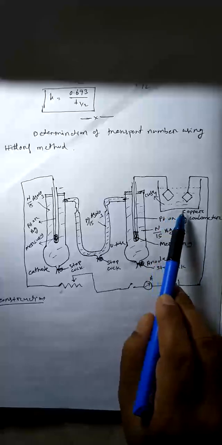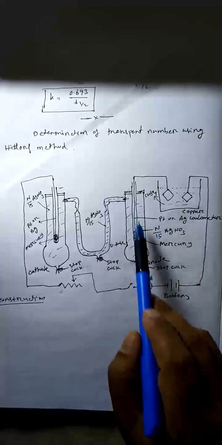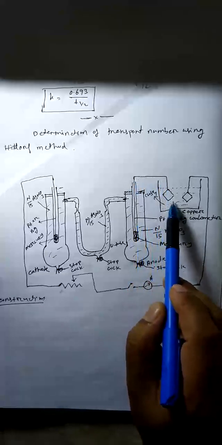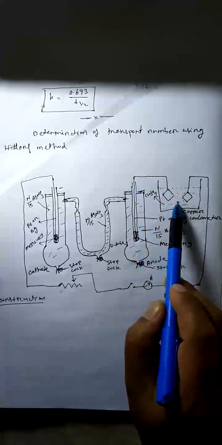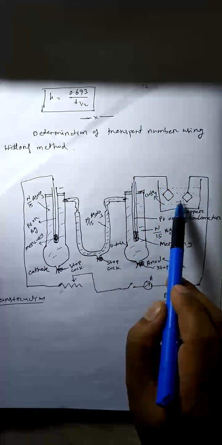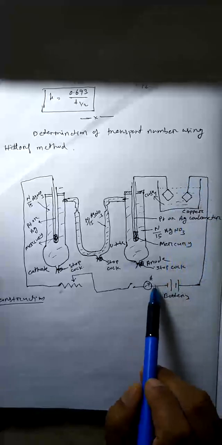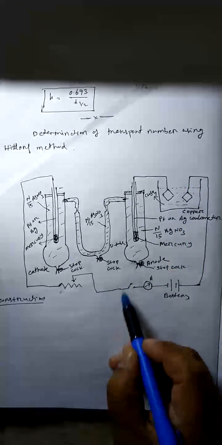The platinum or silver electrode in the anode compartment is connected with the coulometer anode through the copper sulfate electrolyte, and the cathode is connected with a battery. This battery is connected with an ammeter, and the ammeter is connected with a switch. This is the switch.